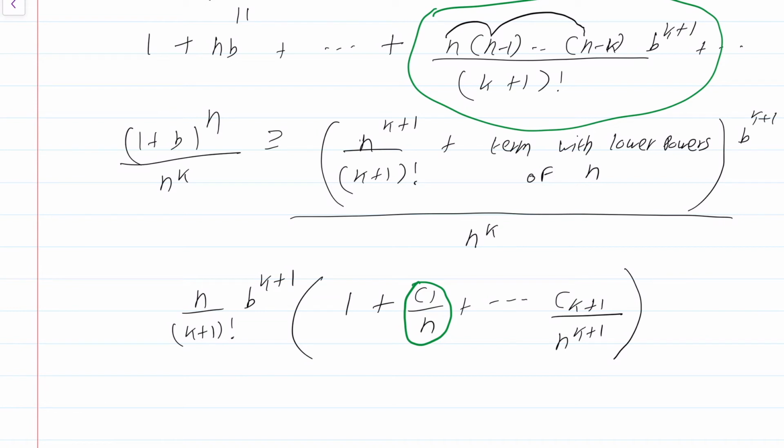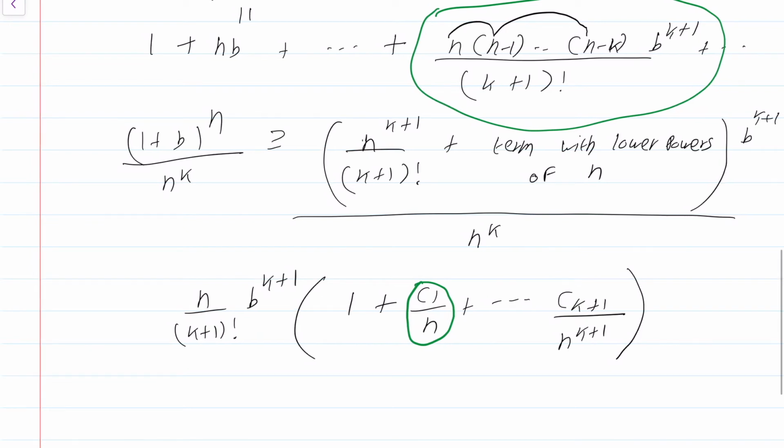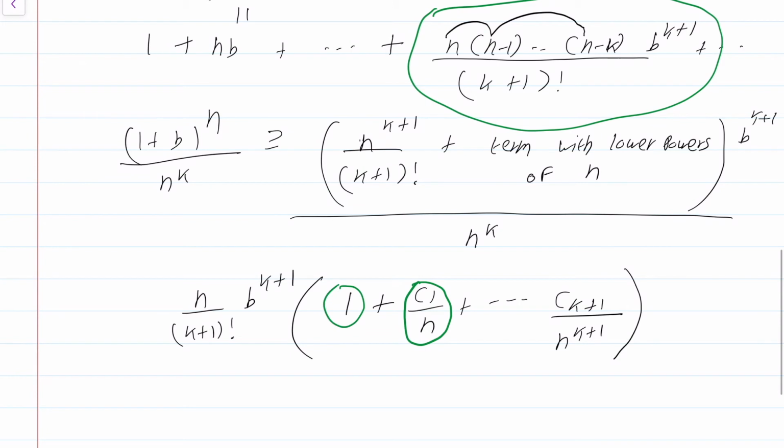You will understand in a moment why I want to do that. And similarly, the final term will be a constant term out of which I am dividing an n power k and I am taking an n outside, so there is an n power k plus 1. Okay, and this 1 accounts for the very first term, which is n power k plus 1 by k plus 1 factorial into b power k plus 1.